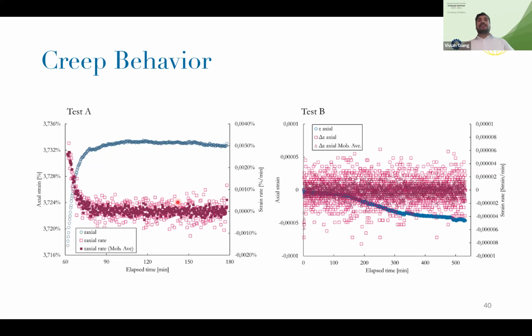We did this in one of those as an isotropic test, and you just wait. So again, the way to read this is that here you have the initial primary creep and here you have the secondary creep. What you expect is that the secondary creep behaves like a steady state. You confirm that by having this rate near 0, because the strain is not changing.